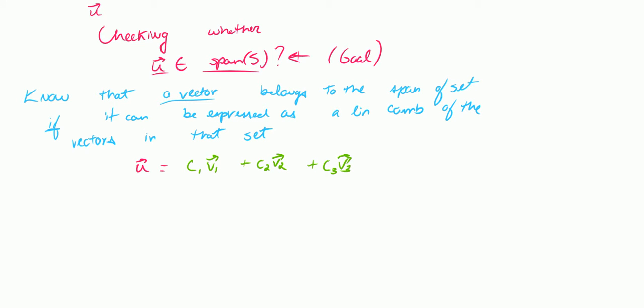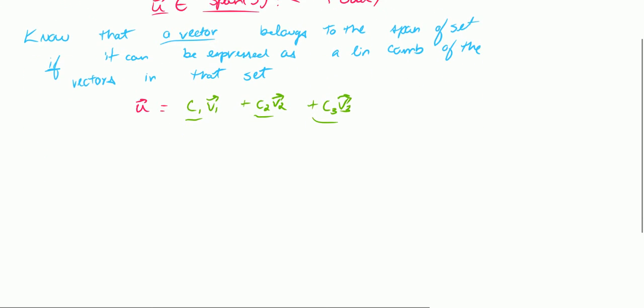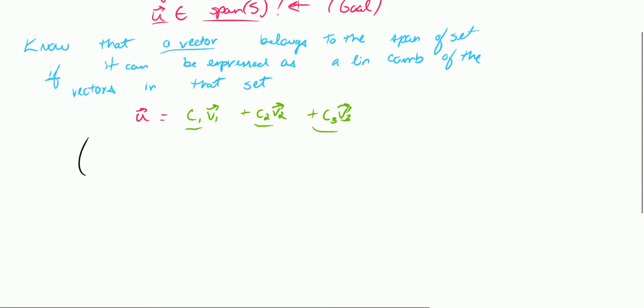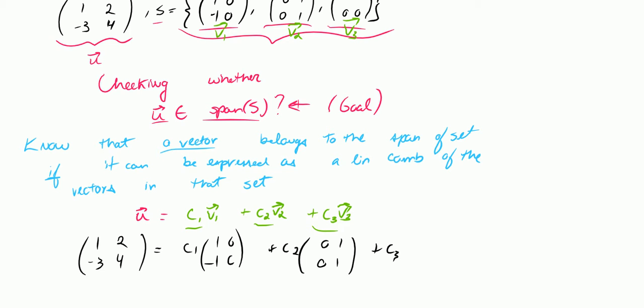I'm looking for c1, c2, c3, trying to see if there's a solution. So now I'm going to have to write the whole matrix down. So it was 1, 2, minus 3, 4 equals c1 times 1, 0, minus 1, 0 plus c2 times 0, 1, 0, 1 plus c3 times 1, 1, 0, 0.